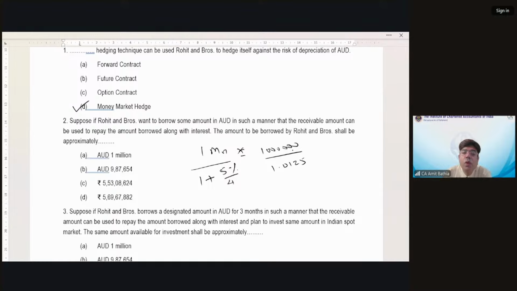If I borrow this much amount, that will take care of my obligation. You are told very clearly the amount to be borrowed by Rohit and brothers shall be approximately how much? So it will be 987,654, because as you can see, it has to be lesser than 1 million AUD, right? So here, even without calculating, I can essentially calculate. It is 987,654. So the correct answer is option B.